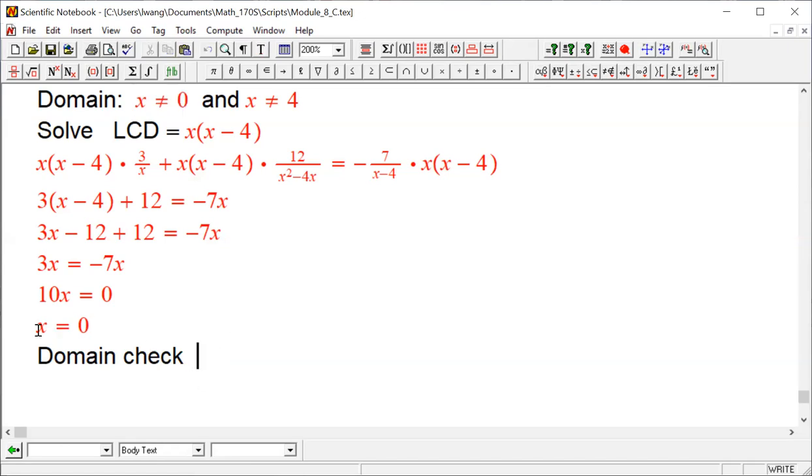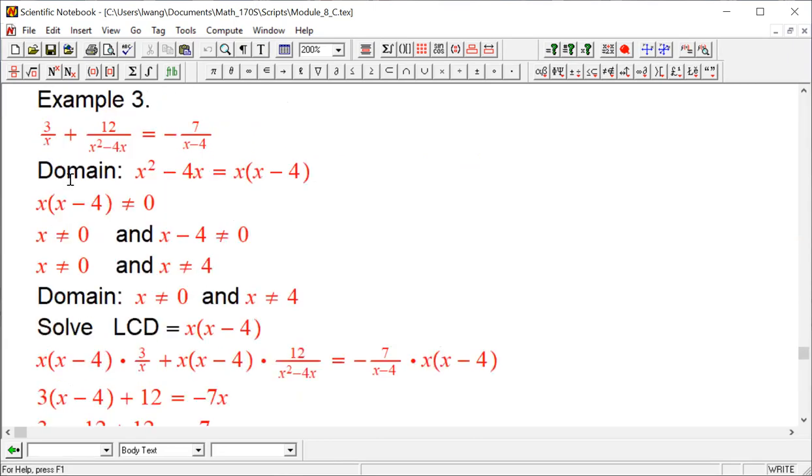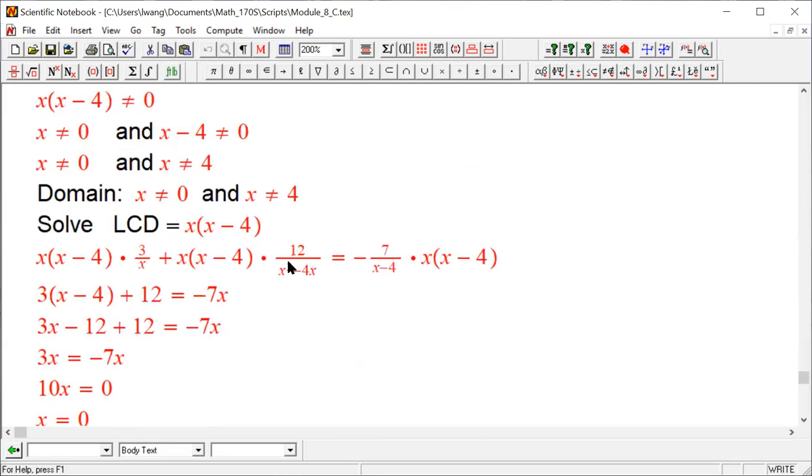So x equals 0 is not in the domain, and that's the only possible number we get. Therefore, the conclusion is there's no solution to the equation.